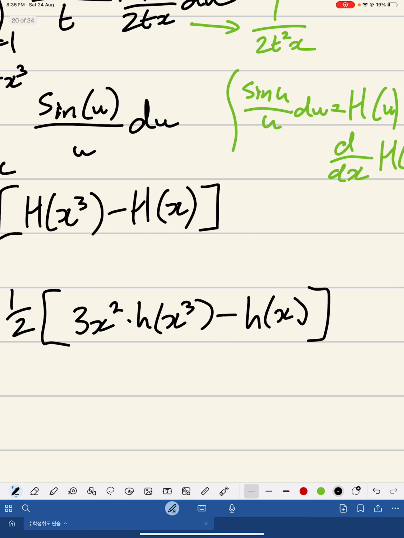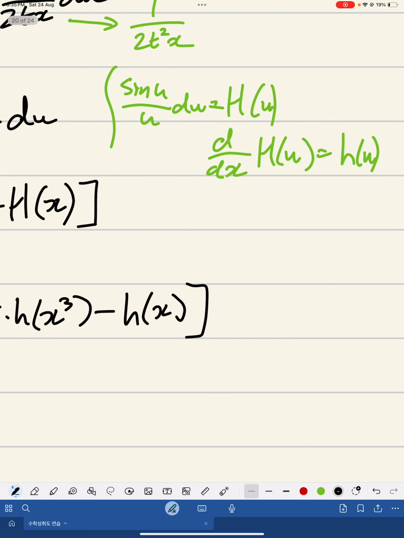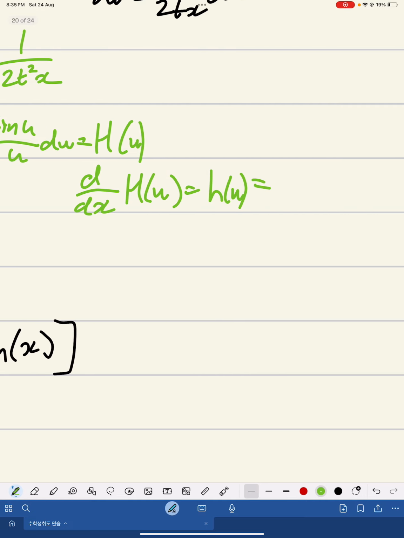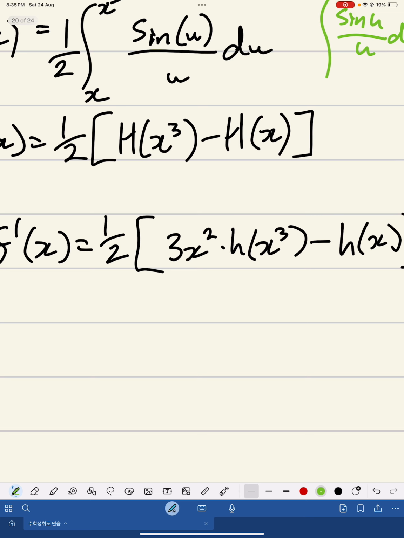But what is small h of x cubed? It's capital H of u prime, which is sine u over u, right? Therefore, h of x cubed is sine of x cubed over x cubed.